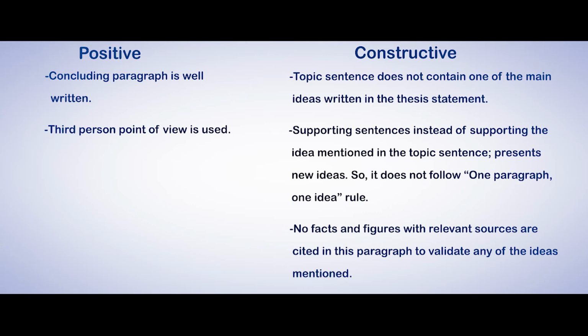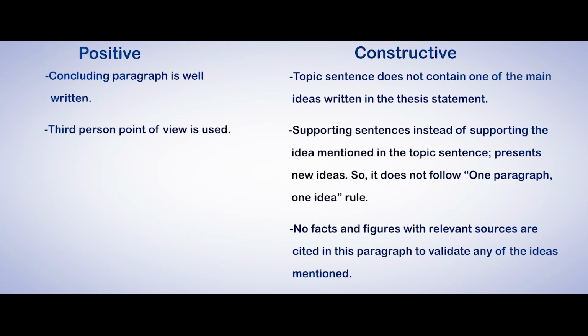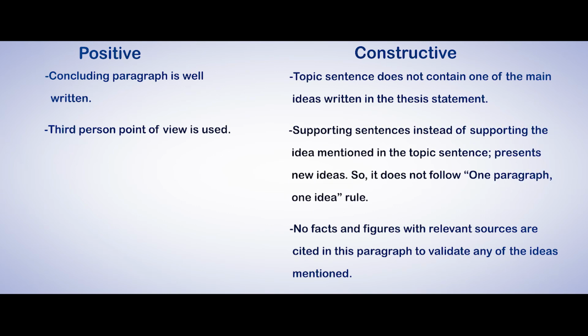So it says the topic sentence does not contain one of the main ideas written in the thesis statement. Okay, major setback of body paragraph 2. Supporting sentences, instead of supporting the main idea mentioned in the topic sentence, present a new idea. This shouldn't be done at all. So it does not follow the one paragraph, one idea rule.